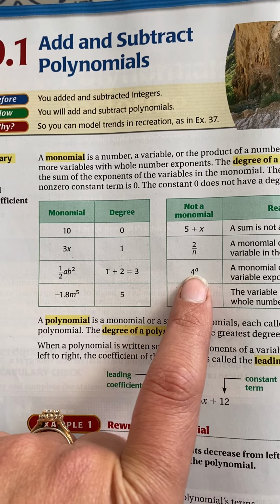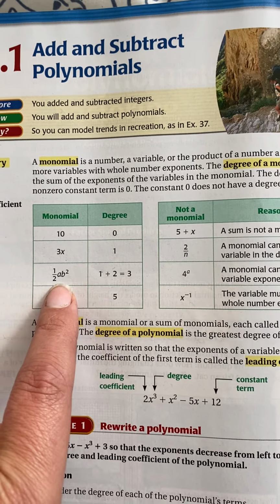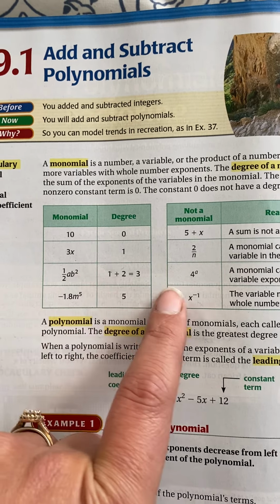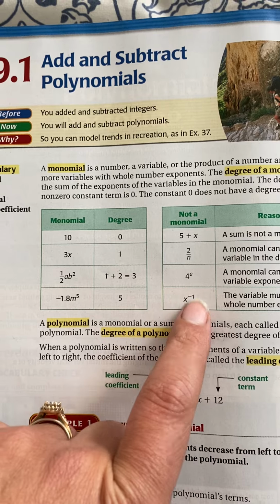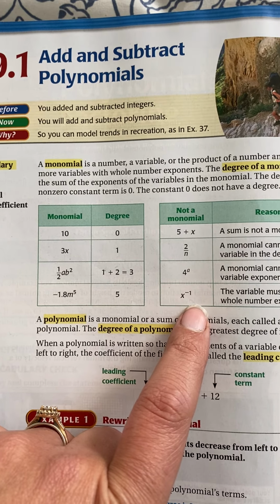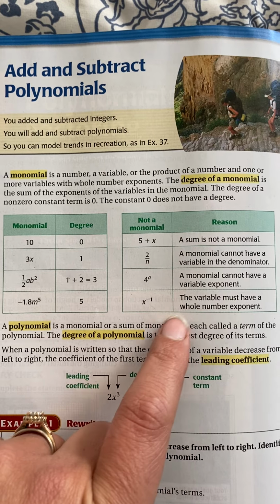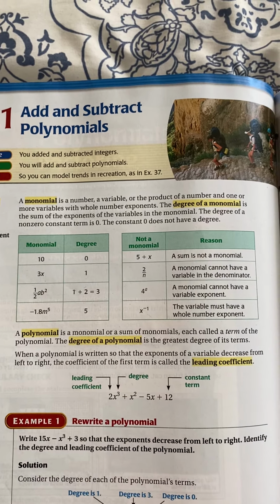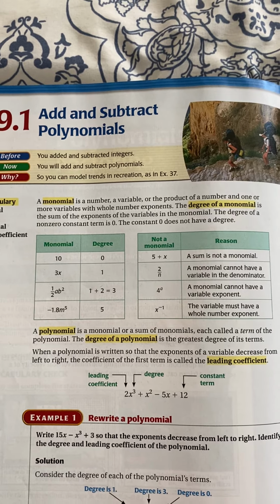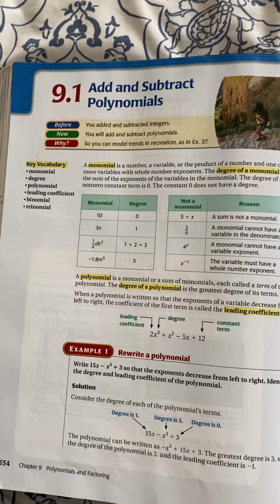You also can't have the variable in the exponent position. Couldn't have been a b to the c or 1/2 to the a power. And you can't have negative exponents. So the variables must have a whole number exponent, which means a positive whole number. Whole numbers are all like 1, 2, 3, 4, counting numbers.